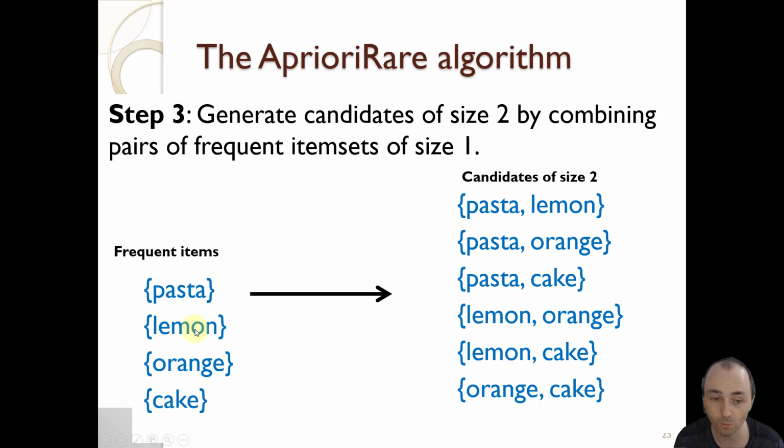So pasta with lemon, pasta with orange, pasta with cake, lemon orange, lemon cake, and orange cake. We do all the combinations. So these item sets, they are candidates. We don't know they are frequent or not yet.